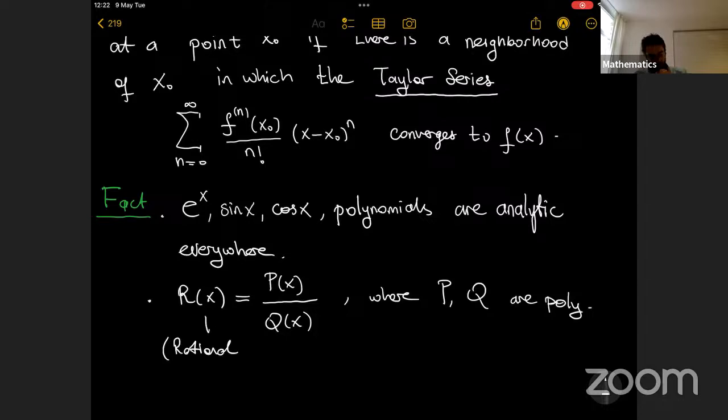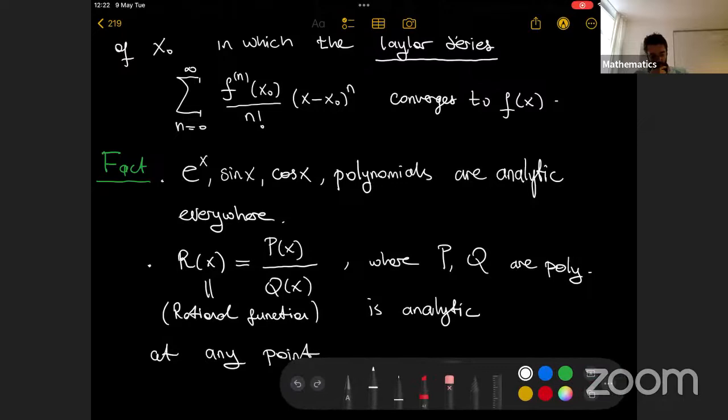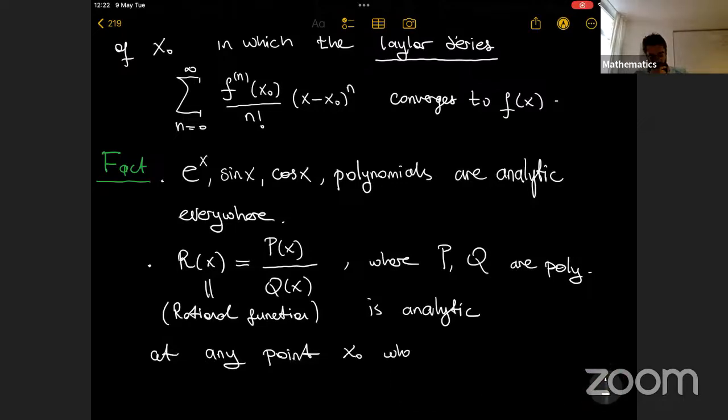A rational function is analytic at any point x naught where q of x naught is not equal to 0.